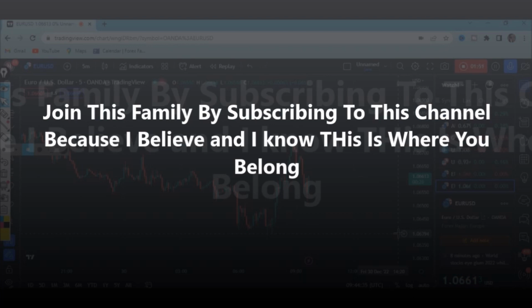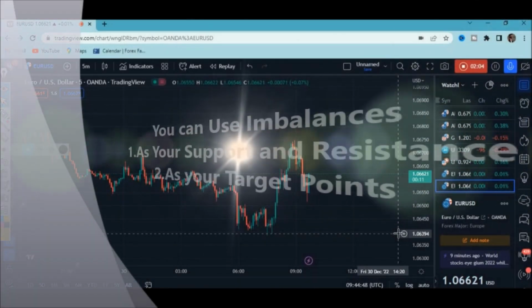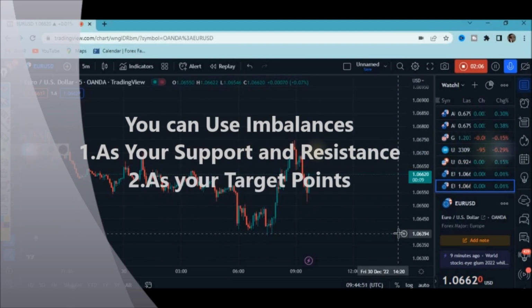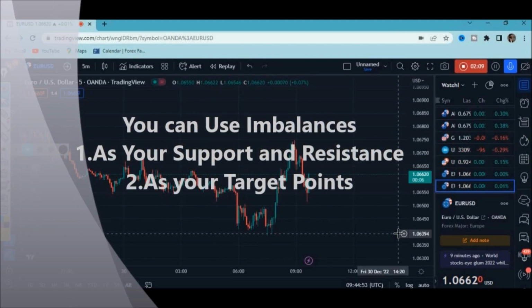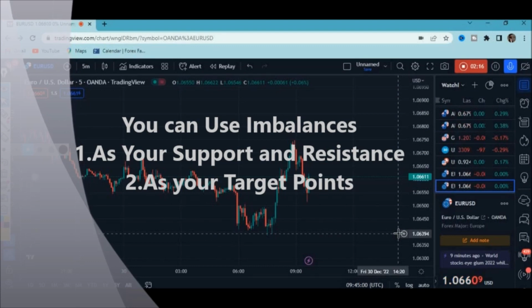Okay, so guys, let's talk about the combination of the DR and IDR plus the imbalances detector. Imbalances are actually inefficiencies we have in the market, and we expect the market to come back to those areas so that it can fill those orders. What I want you to keep in mind about imbalances is that you can use them as your support and resistance, but also as targets.